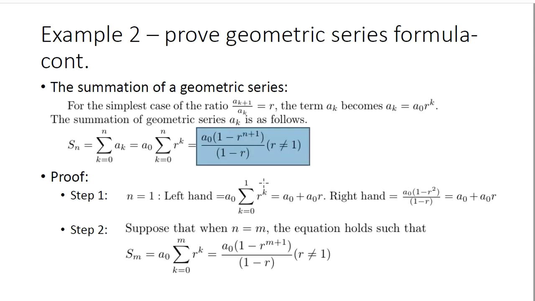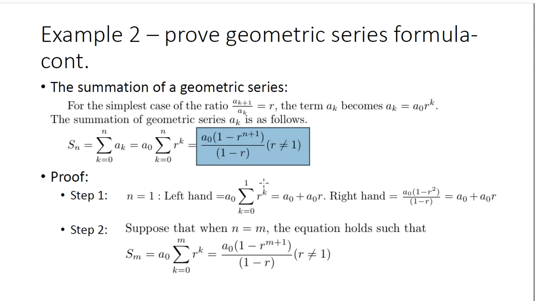This formula is one you often see in mathematics and in computer science, like machine learning. Let's prove it. Why does this equation hold? First step, we prove n equal 1. Of course, you can use n equal 0, but we use n equal 1.